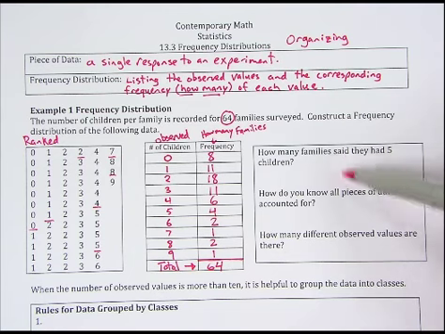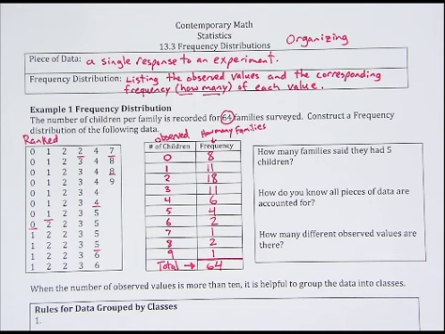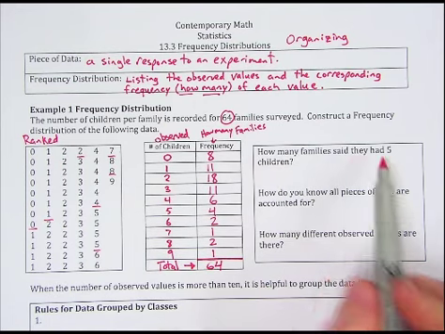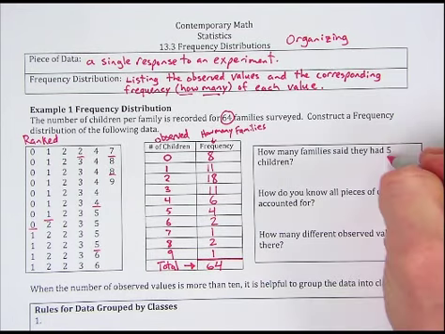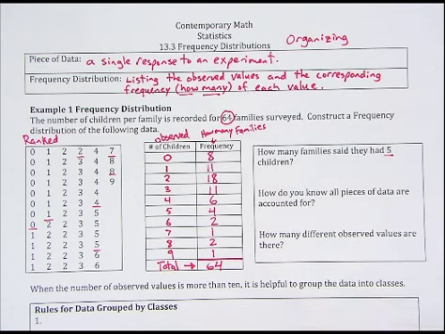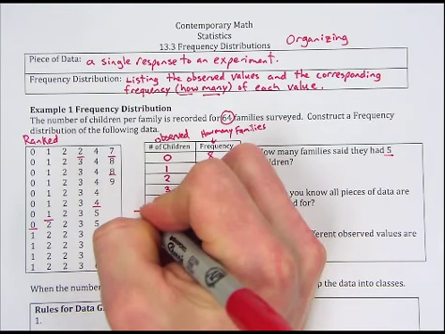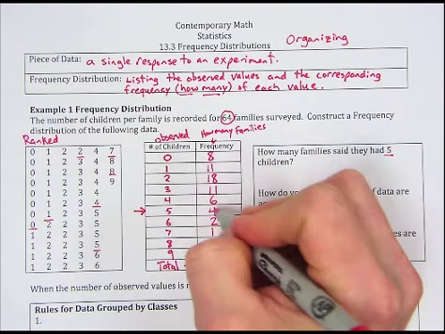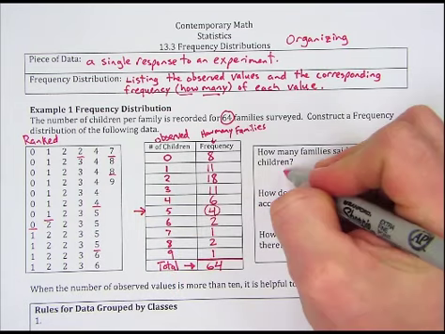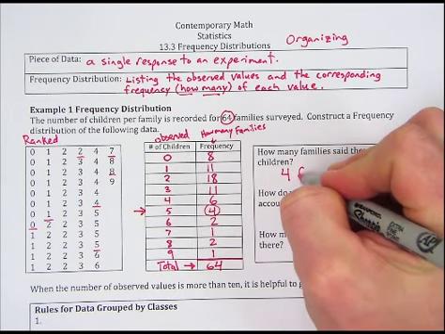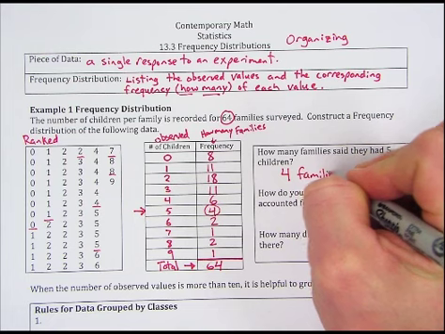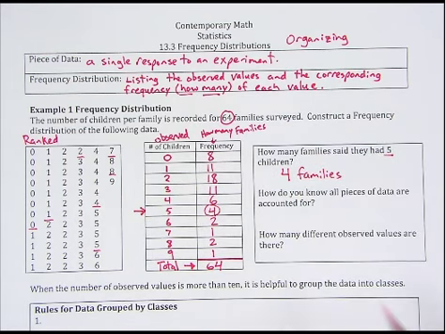So now answering these questions over here becomes easy by looking at our frequency distribution. It says how many families said they had 5 children. Okay, so here is the number of children, 5, and that would be a total of 4 families. How do you know all the pieces of data are accounted for?